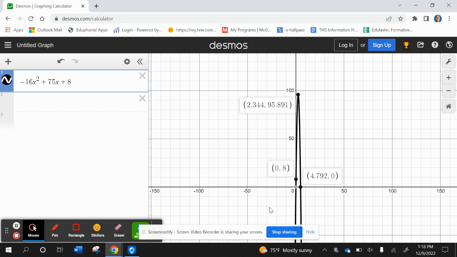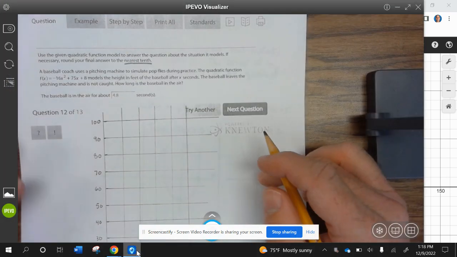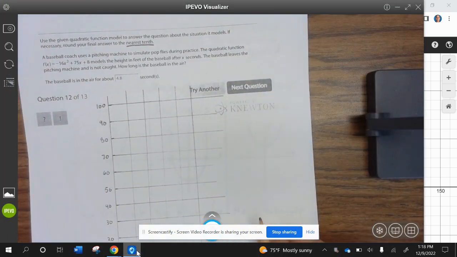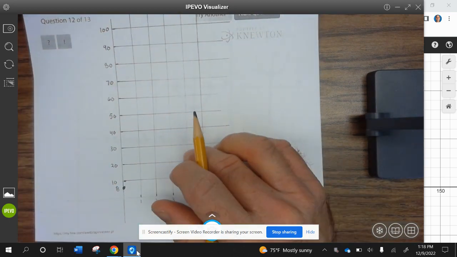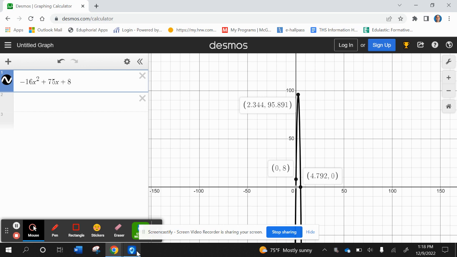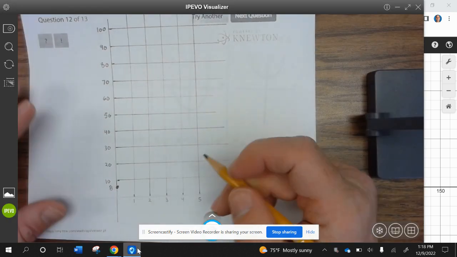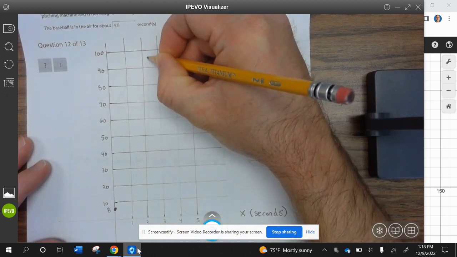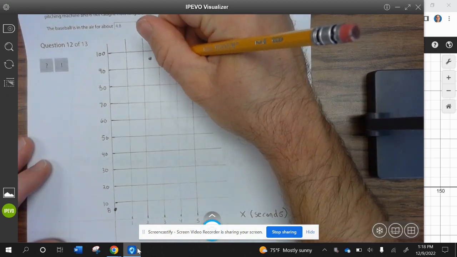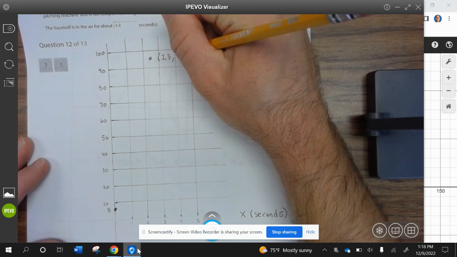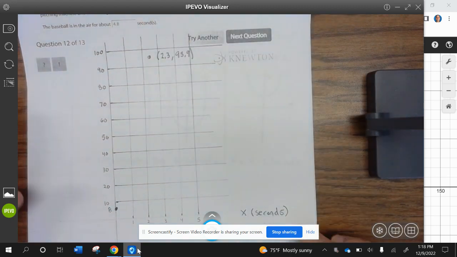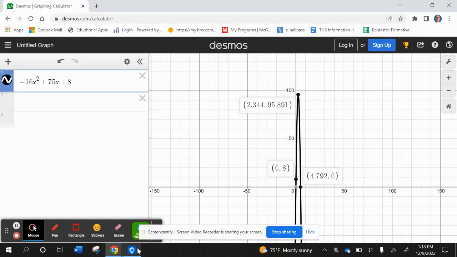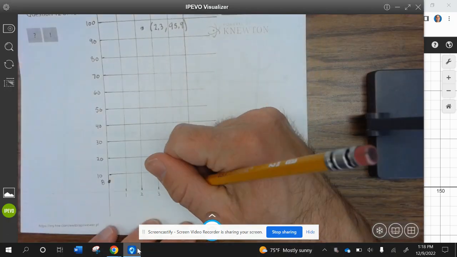Okay, so we start at 8 right here, so that's 0, 8, and then you go back to decimals because I forgot what the number was, 2.3 and 95.9. So 2.3, 95.9 is here, and then it comes back down at 4.8.